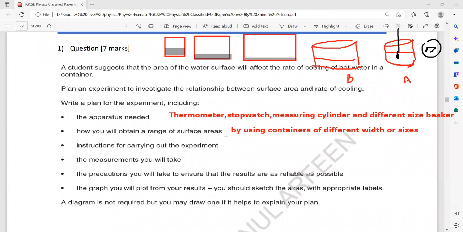Then, the instructions to carry out this experiment. How do we do this experiment? We will pour or add, for example, 10 cm cube of hot water in, for example, a 50 cm cube beaker.